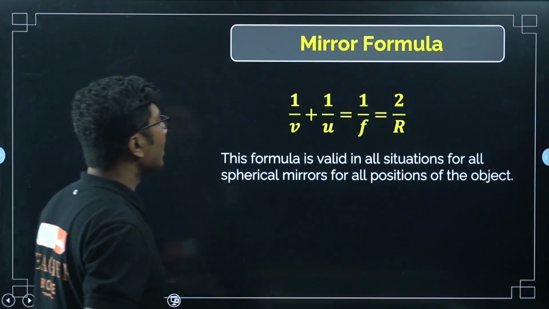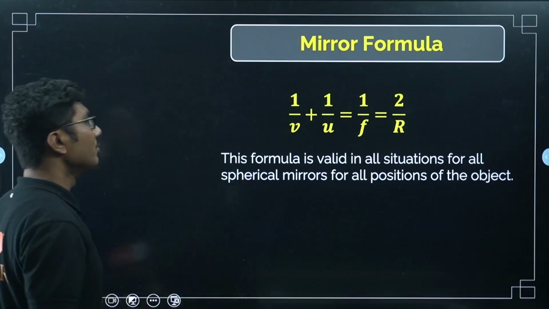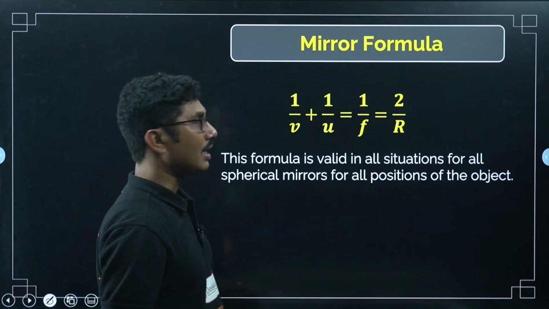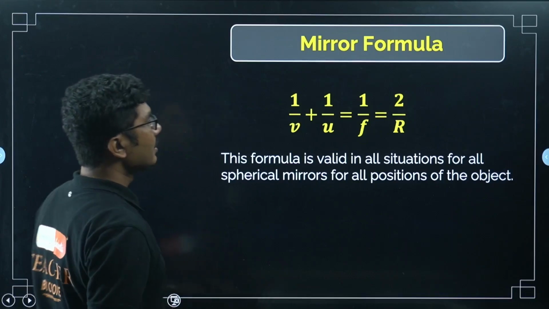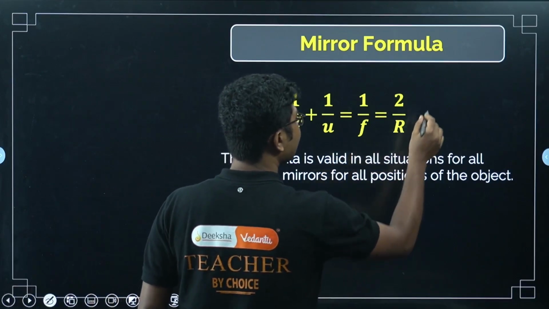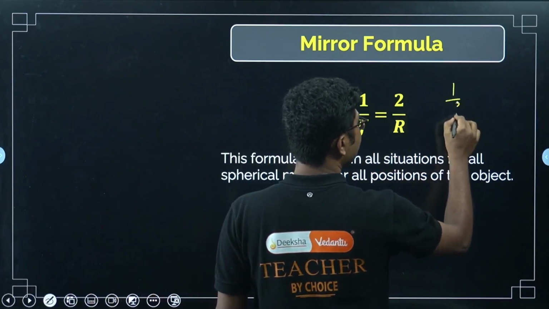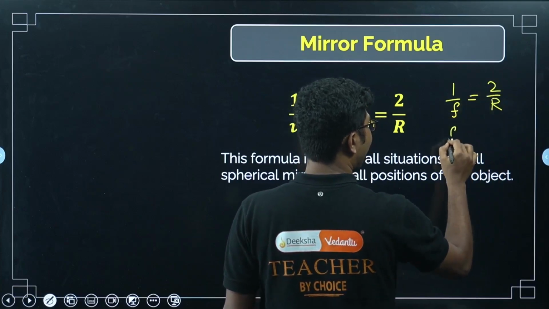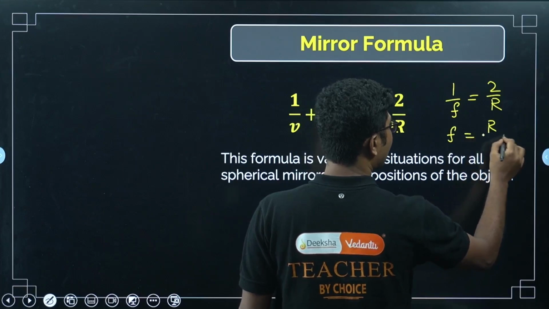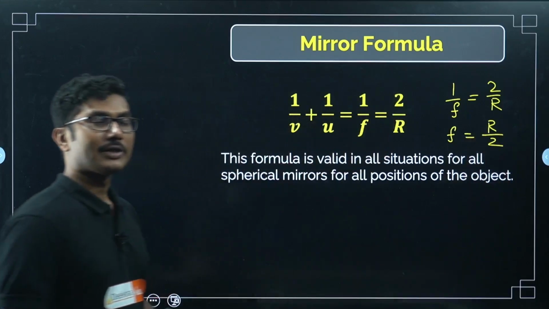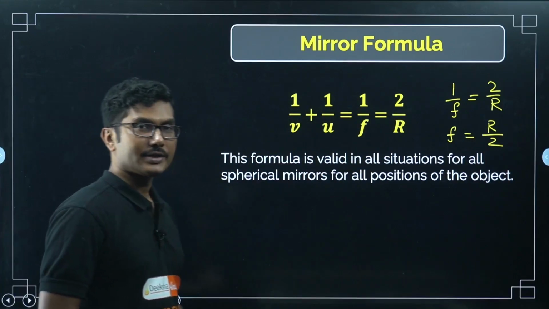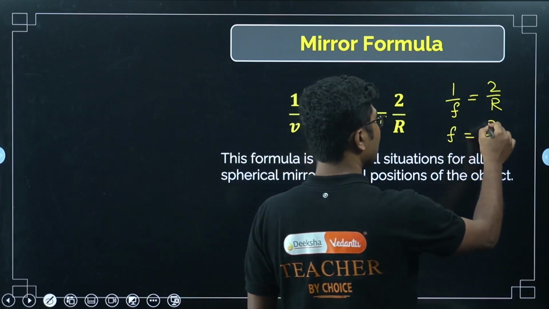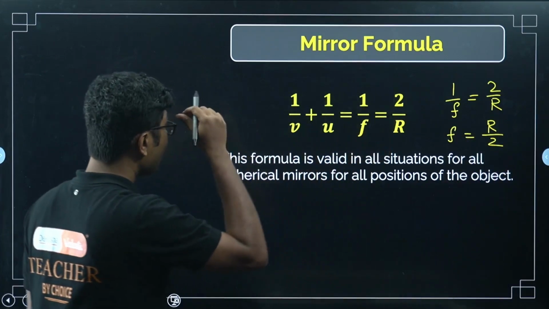This is the mirror formula, 1 by v plus 1 by u equals 1 by f equals 2 by r, right? So it also gives you a hint that 1 by f is basically 2 by r, or f is equal to r by 2. So focal length is basically radius of curvature by 2, half of the radius of curvature. R is radius of curvature, right? I hope you know the symbols.